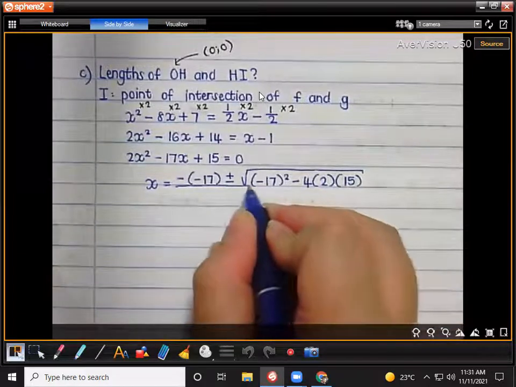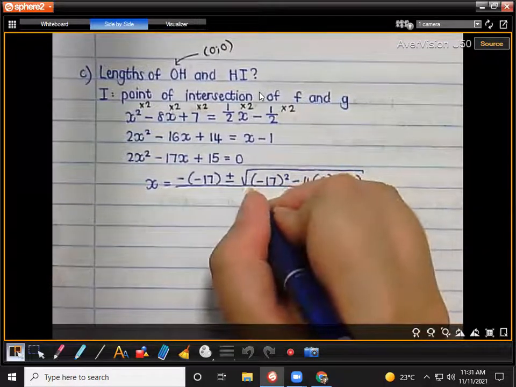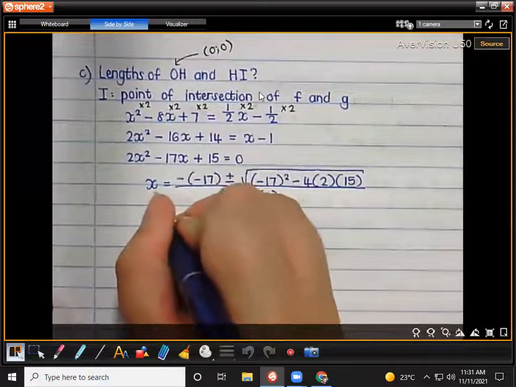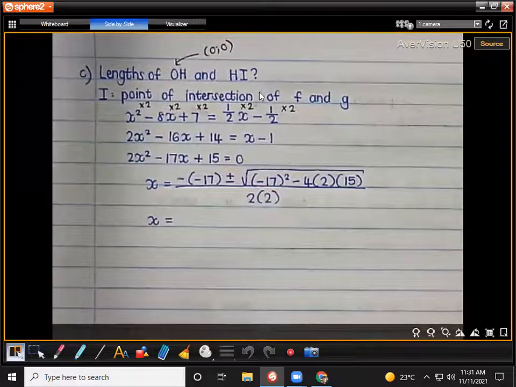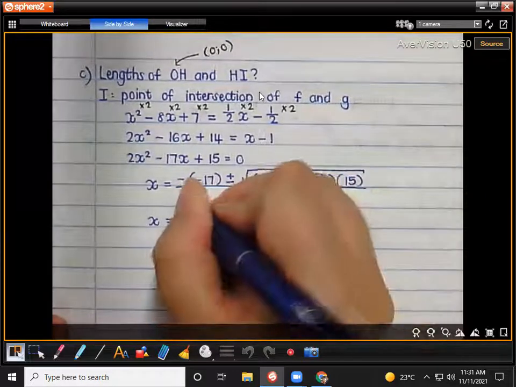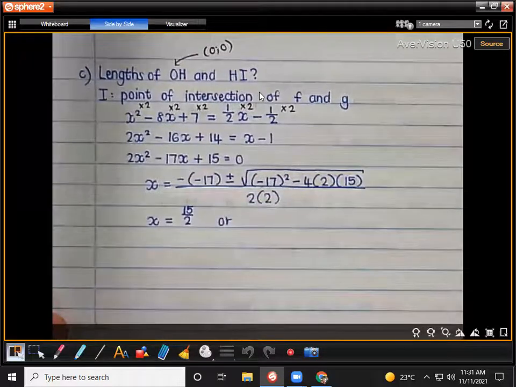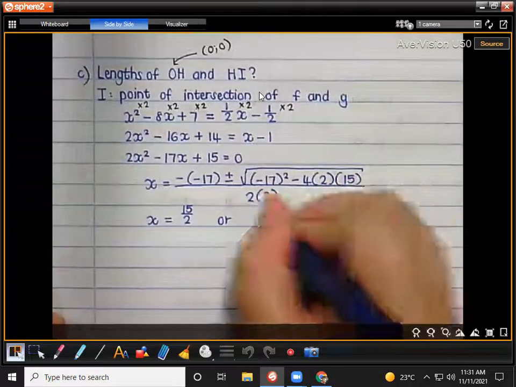That is all over 2a. So 2 times 2. If that is not written down, you lose a mark. Okay, so what are those values? Let me just check quickly. Okay, the 1 is going to be 15 over 2. And the other one is going to be 1.